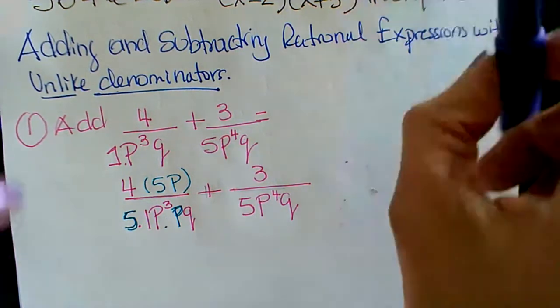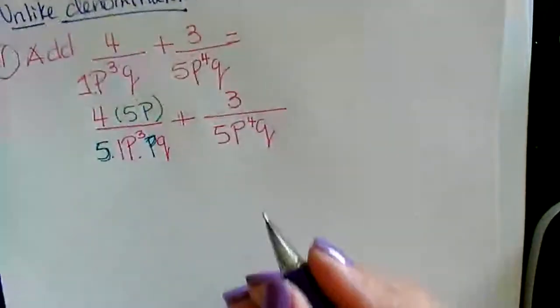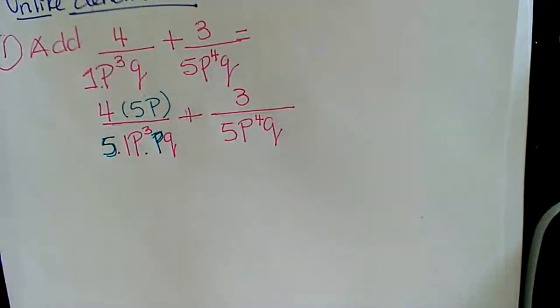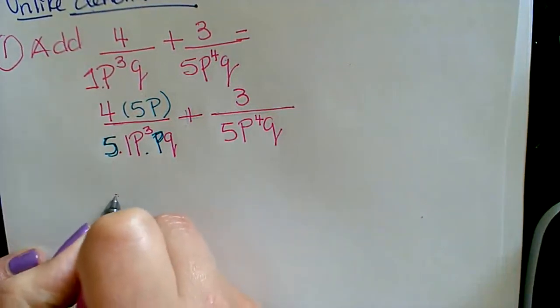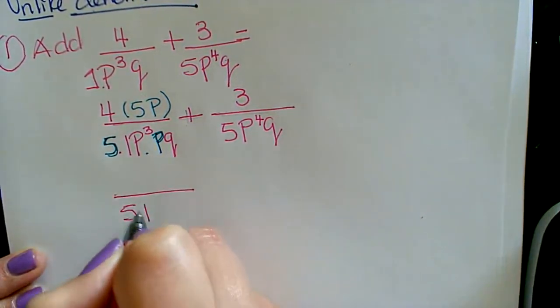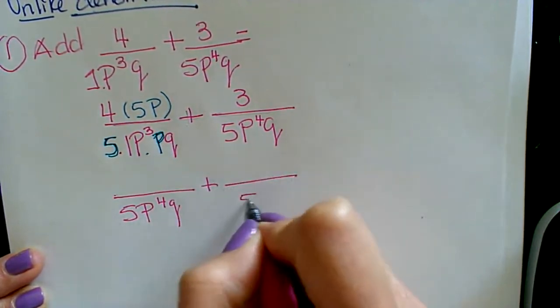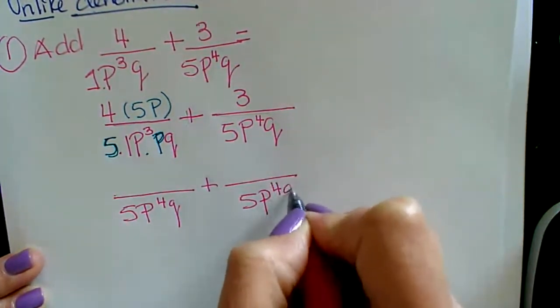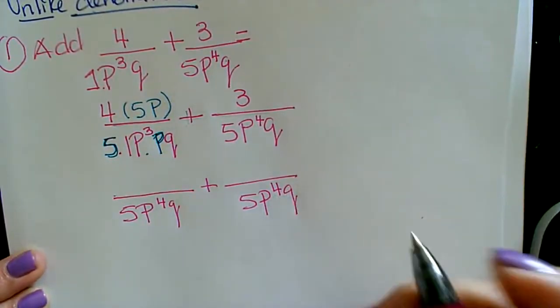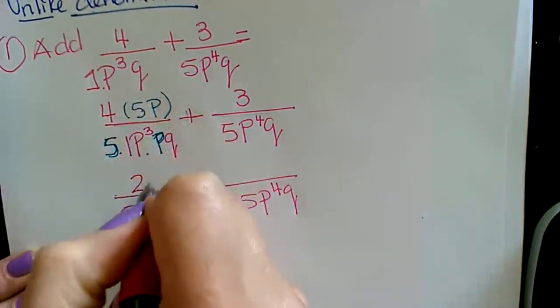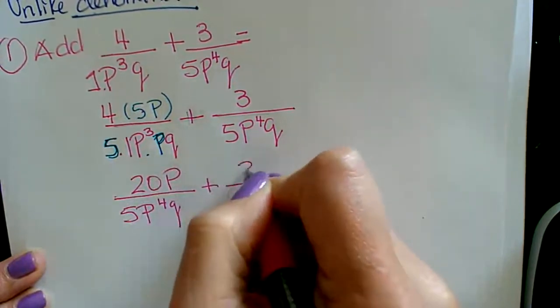So now my lowest common denominator is going to be 5p to the fourth power q, and the numerator is 4 times 5p, which is 20p, plus 3.